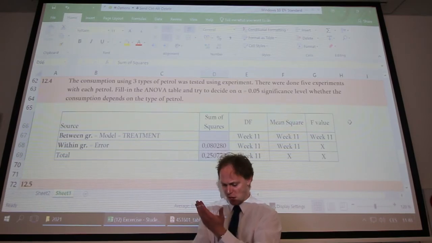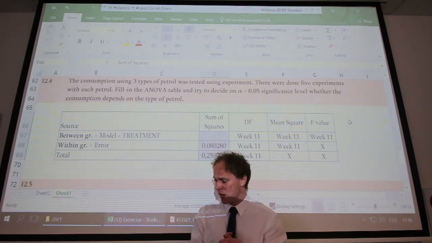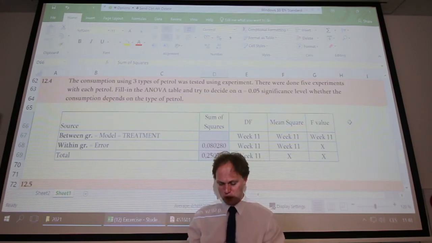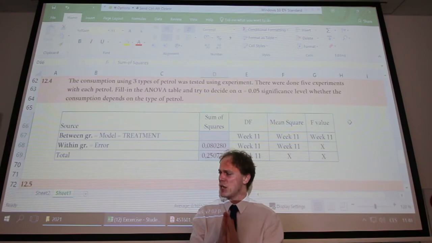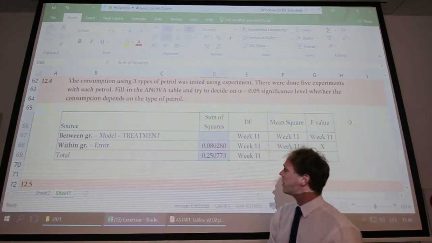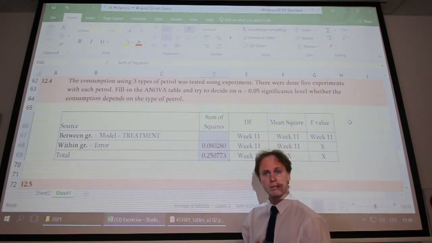It means independence. There is no dependence, whether you use petrol from Shell, Agip or OMV. The alternative hypothesis is dependence. It depends. So we will run this hypothesis test. I will show this on the whiteboard.